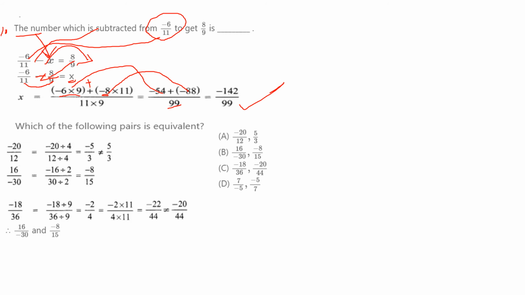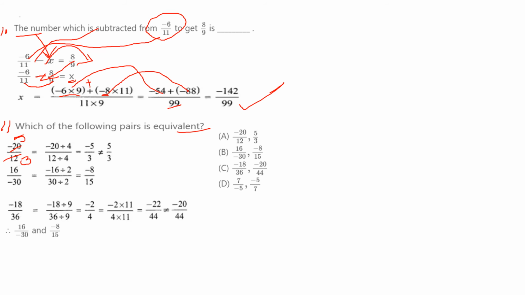Next, which of the following pair is equivalent? That is 11th sum. Here, the pair is equivalent. So, minus 20 by 12. If we divide or cancel, 3 4s are 12, we get minus 5 by 3, which is not equal to 5 by 3.